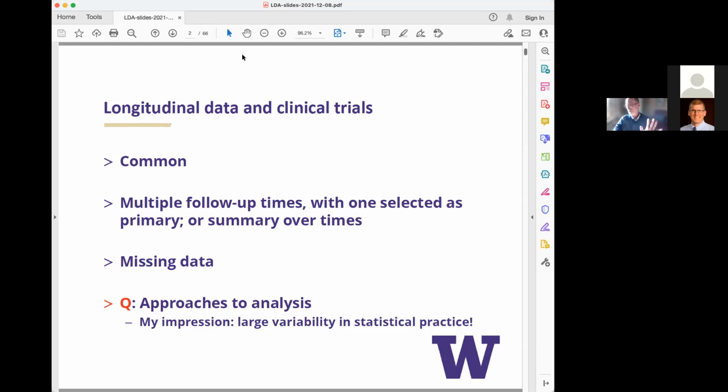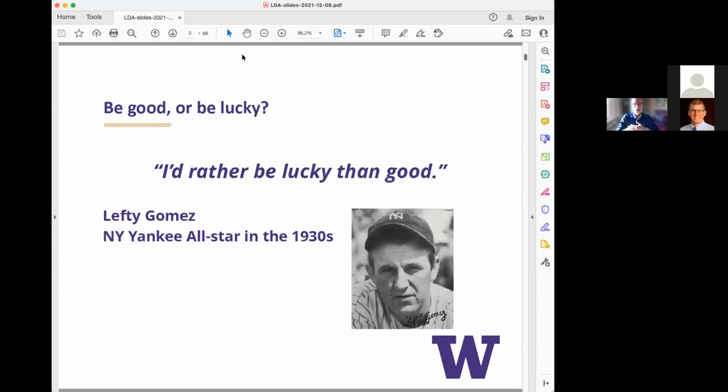That's not a prominent part, but there are occasions where missing data results will motivate choice of one strategy versus another. And really why I wanted to do this was because it's my impression that there's really large variability in statistical practice. And I think we can reduce some of that variability by presenting the evidence on the options available to us.